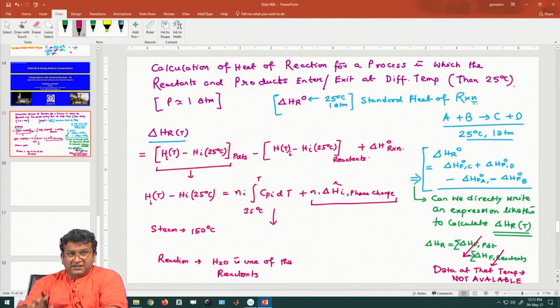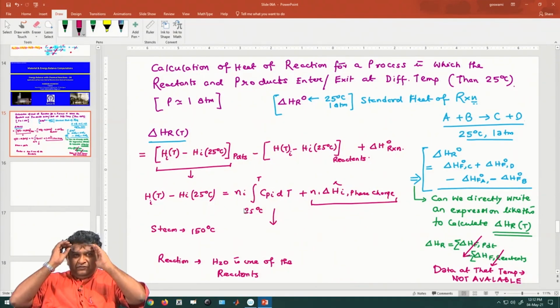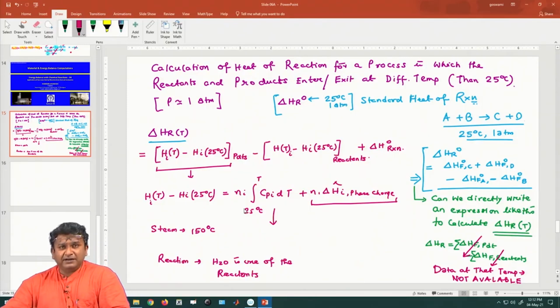You actually have the sensible heat part to be calculated based on the Cp value of steam from 150 degree centigrade to 100 degree centigrade. Then there is a phase change at 100 degree centigrade, and then you have to calculate the sensible heat for liquid water from 100 degree centigrade to 25 degree centigrade. It goes like this. I am not picking up a problem, but it goes like this.